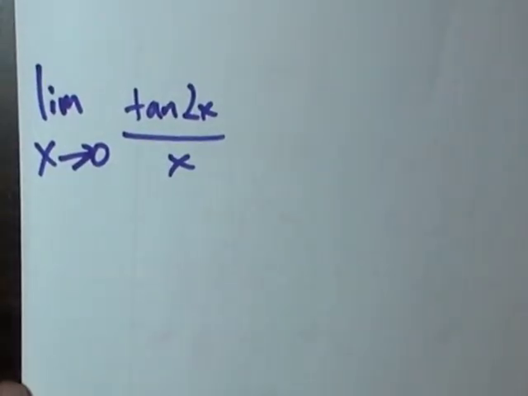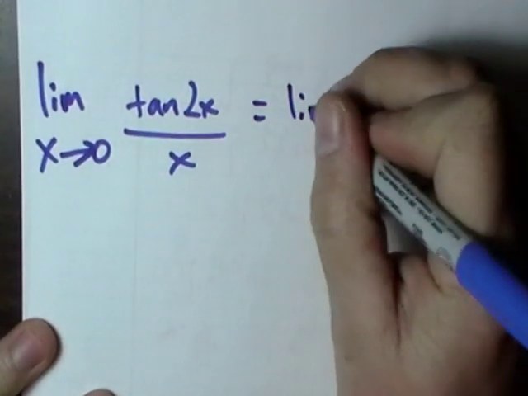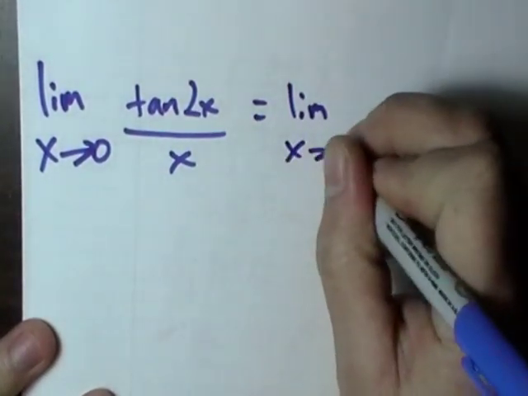Well, this one looks like it's going to be kind of weird, because what I want is a sine. Maybe I shouldn't have picked this one. So let's see what I can do.